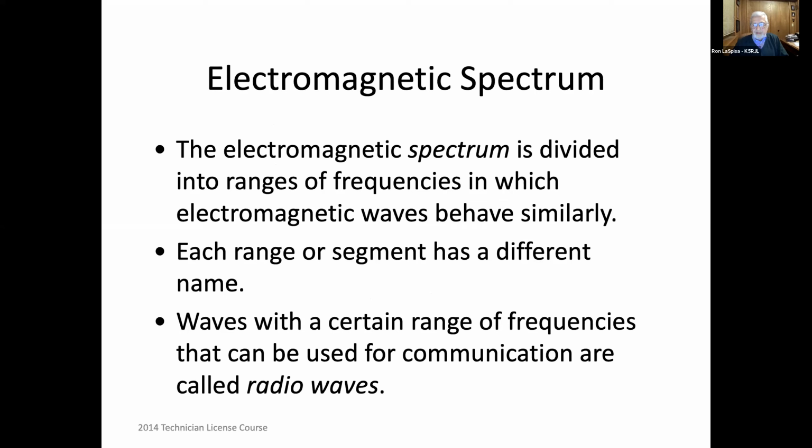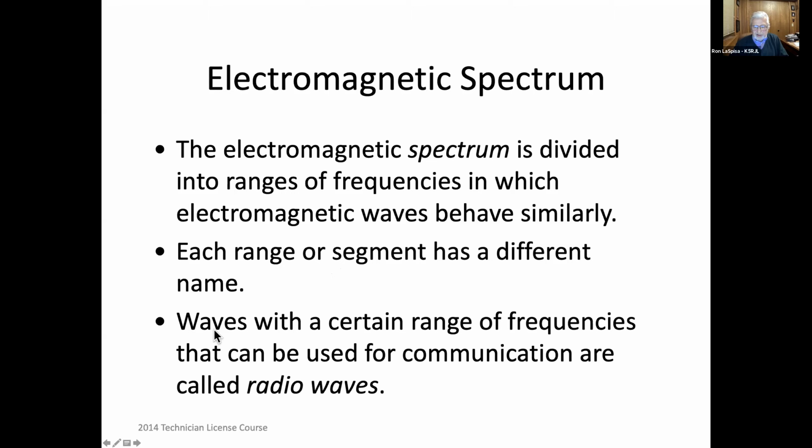Now let's talk about different parts of the electromagnetic spectrum. It has been divided into ranges where each set of waves in that range behaves slightly similarly to waves in that range. So we have names for these different ranges or segments of the electromagnetic spectrum.